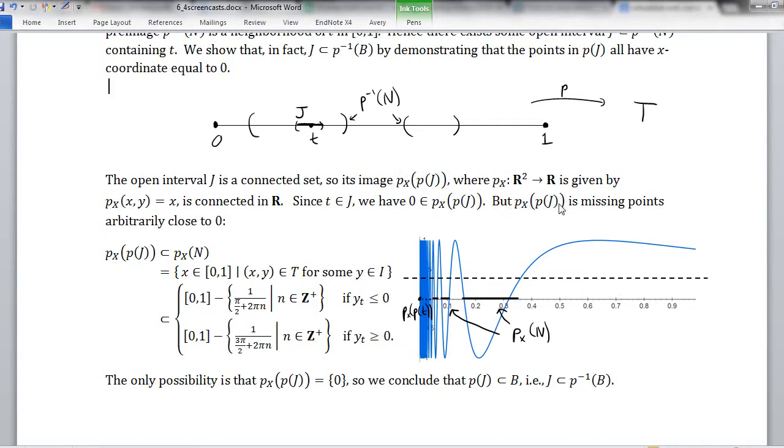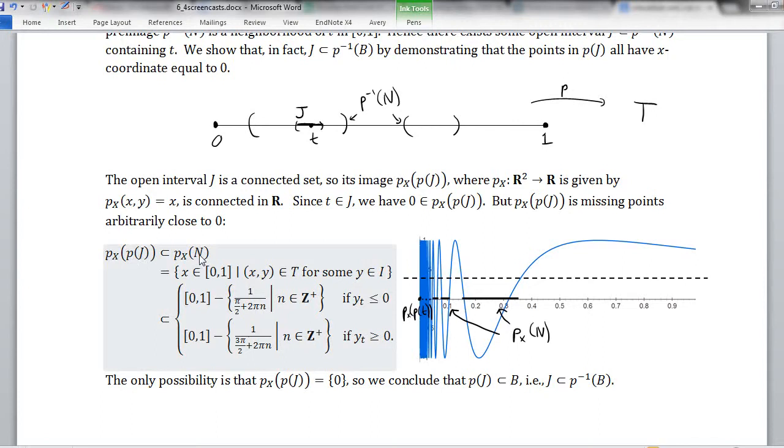Now I'm going to show that it's missing points arbitrarily close to 0, and then the conclusion is going to be that it has to be just 0. And so from that it'll follow that everything in p(J) has an x-coordinate of 0, so it's in B, and so J is in the preimage of B.